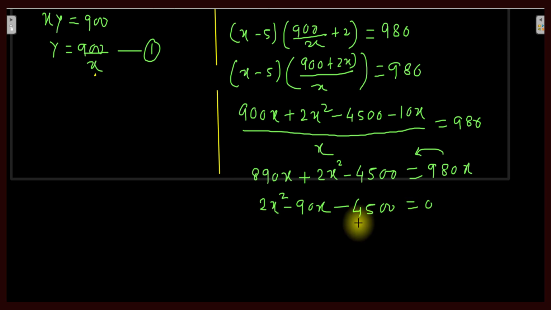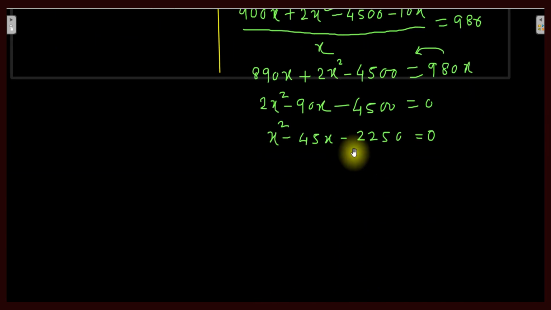Now 2 is a common factor and therefore divide by 2 throughout the equation, so you will get x square minus 45x minus 2250, which is equal to 0.